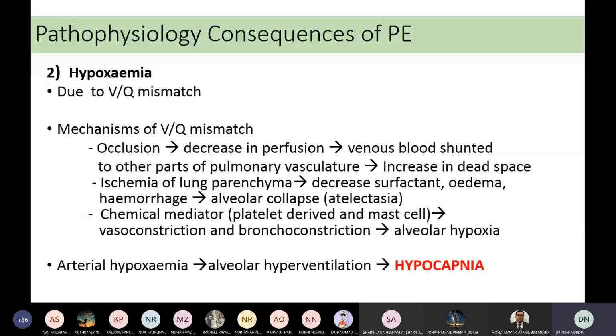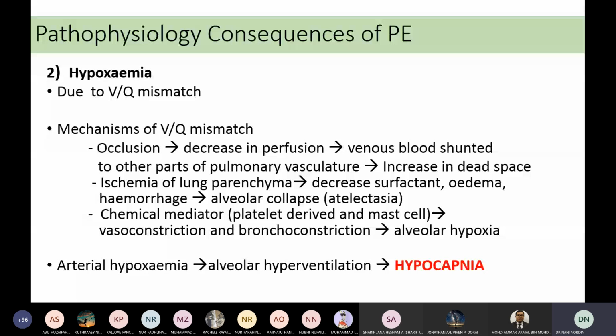The mismatch is actually telling us about the mixture of areas with high VQ and low VQ. Because if you talk about that dead space, is the VQ ratio high or low? Very high, right? Very high VQ ratio.